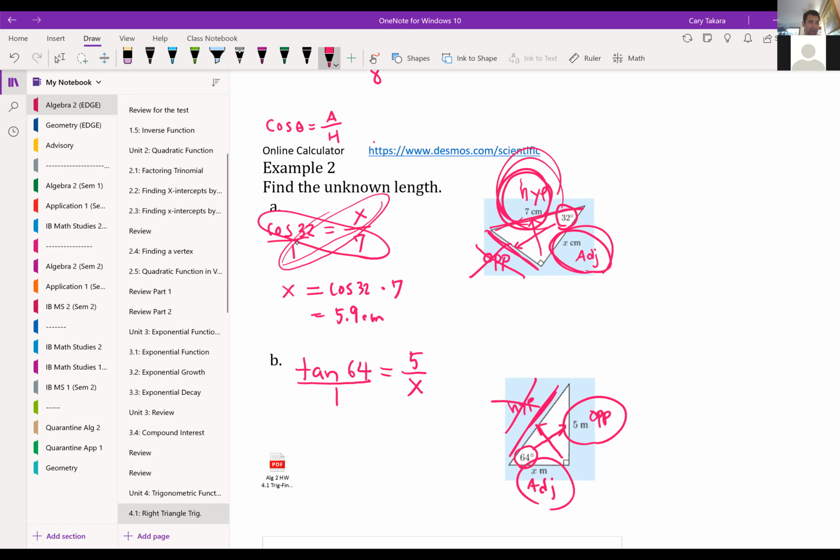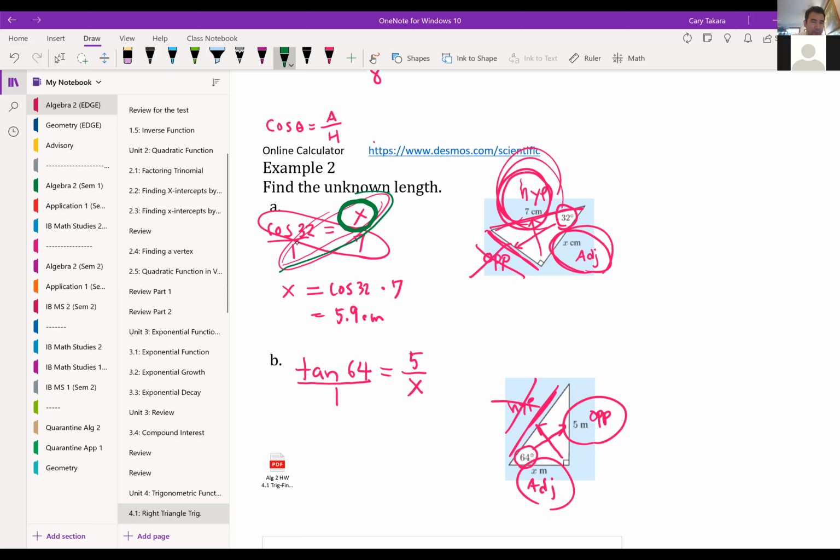Now, the reason why I needed to go over two problems is, do you see the main difference between the last problem and this problem? Besides cosine and tangent being different, another main difference is that in the last problem, x, the unknown, was in the numerator.